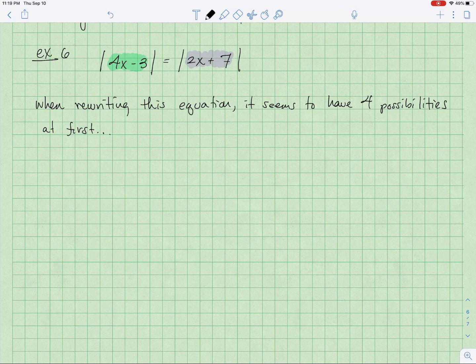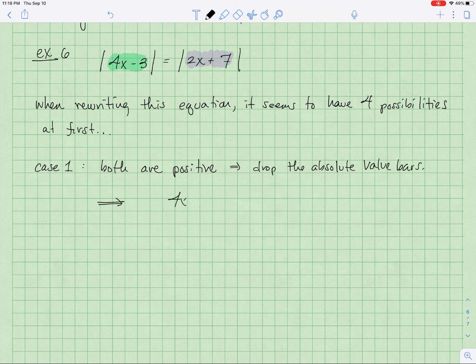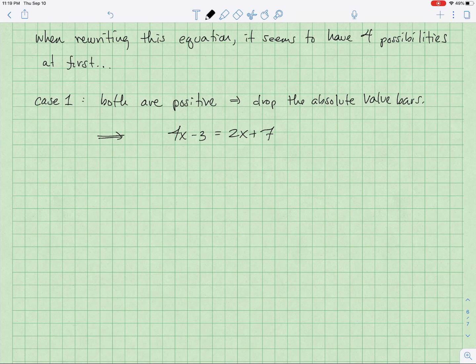So case 1, both are positive, in which case we just drop the absolute value bars. So that might look something like this. 4x minus 3 is equal to 2x plus 7. Okay, that's easy enough to solve. We'll solve that later. No big deal.